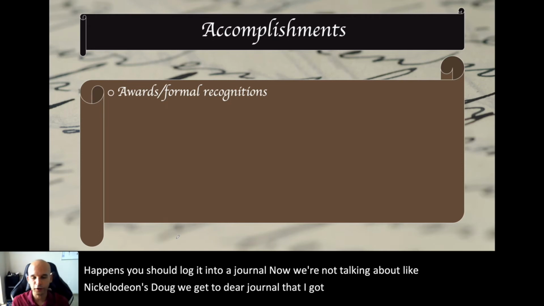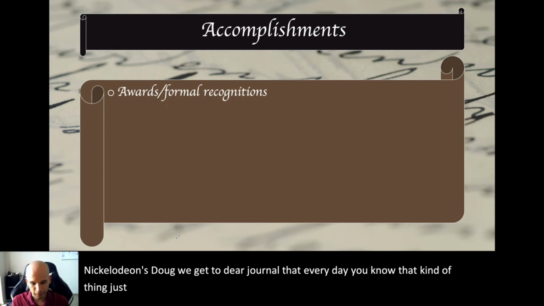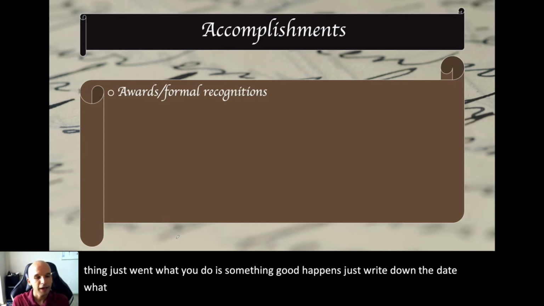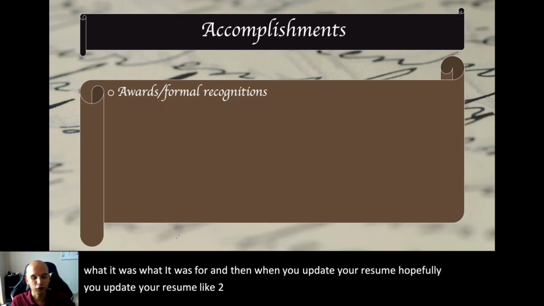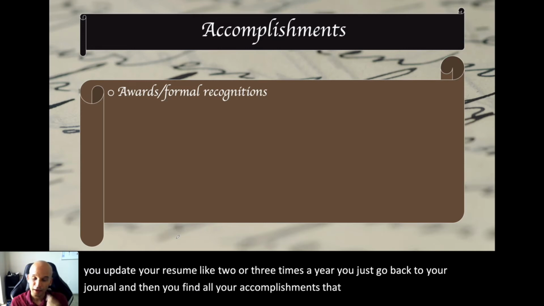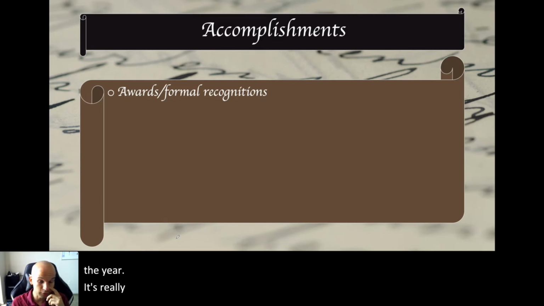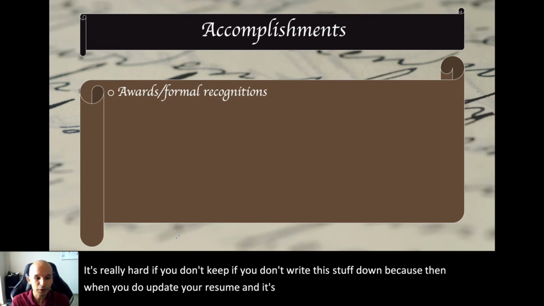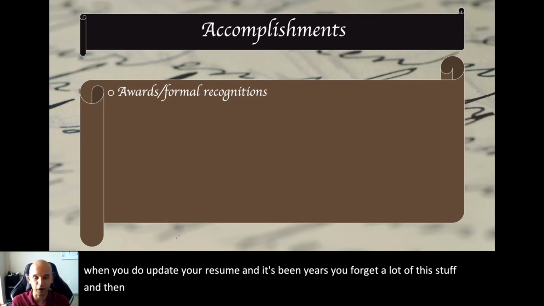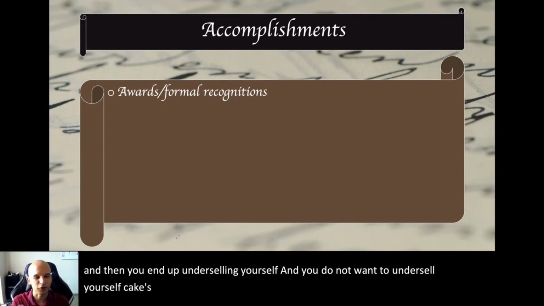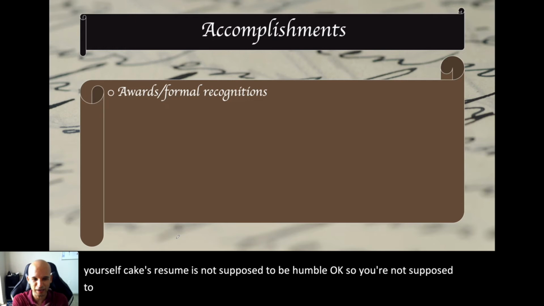Just when something good happens, write down the date and what it was for. Then when you update your resume, hopefully 2 or 3 times a year, you go back to your journal and find all the accomplishments you journaled throughout the year. It's really hard if you don't write this stuff down, because when you update your resume and it's been years, you forget a lot of this stuff, and then you end up underselling yourself, and you do not want to undersell yourself, okay? Because a resume is not supposed to be humble. Don't undersell yourself. Keep the accomplishments.